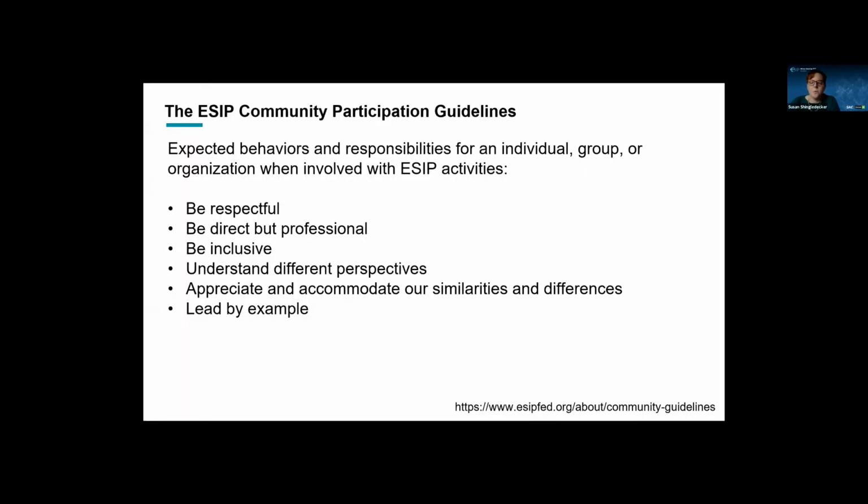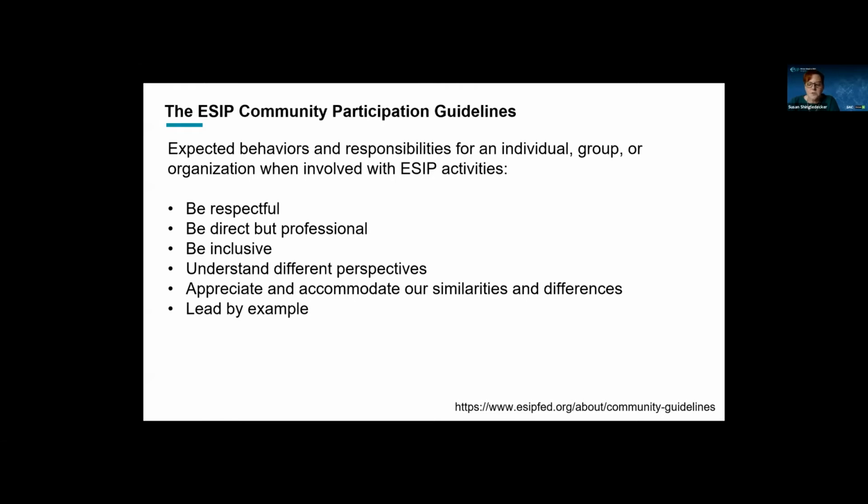I'm going to share my screen real quickly so that you can get a look at those. So these are part of your registration form when you join, but I know that we're busy and maybe they were overlooked by just a couple of folks. It's really important that we emphasize this. And so I'm going to read from the purpose of the guidelines. The purpose states that the heart of ESIP is people, and I think we all know that. We put people first and do our best to recognize, appreciate, and respect the diversity of our global contributors.